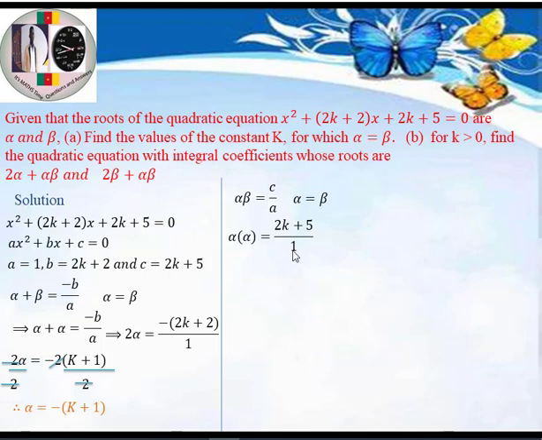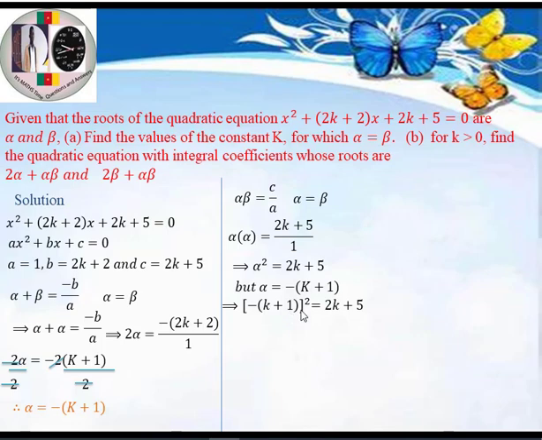So 2k plus 5 over 1 gives us alpha times alpha, which is alpha squared, equals 2k plus 5. But we know that alpha is equal to minus (k plus 1), so we replace alpha by minus (k plus 1). So we are going to have [minus (k plus 1)] all squared equals 2k plus 5.